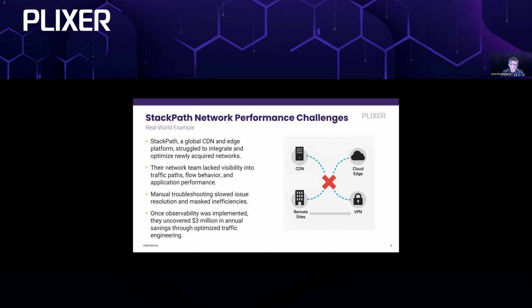They underwent this journey, and they adopted an observability platform. At the end of the day, once they had it in place, they found that their troubleshooting was significantly faster, and the revenue they saved on downtime prevention was in the millions of dollars annually. So it is a big deal. The bigger you are, the bigger a deal it is. But observability is something we should have at the forefront of our minds in terms of making sure our organization is equipped to prevent significant downtime, whether it's a network issue or a security issue.